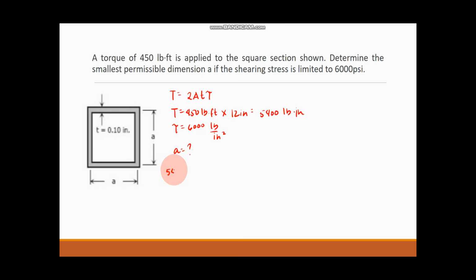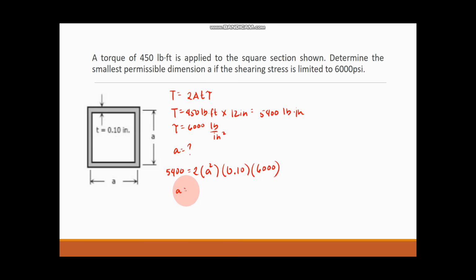So 5,400. We substitute the values at this point. The area for a square is a squared, of course. The thickness is 0.1 inch, and the shearing stress is 6,000.